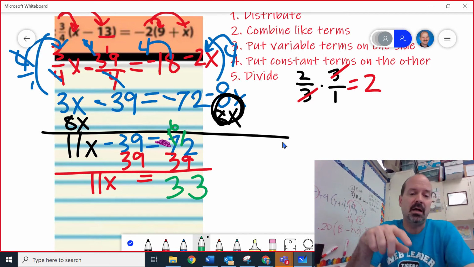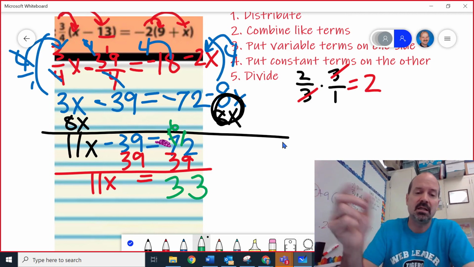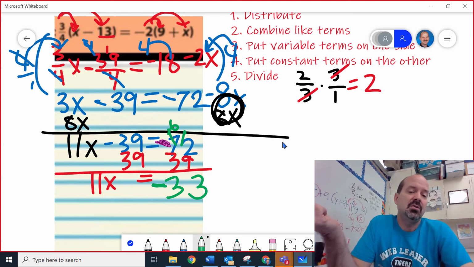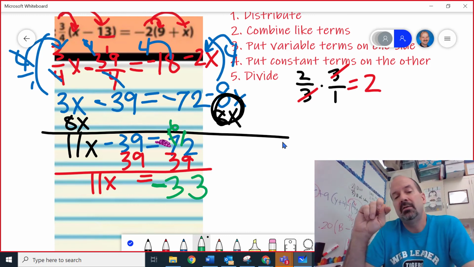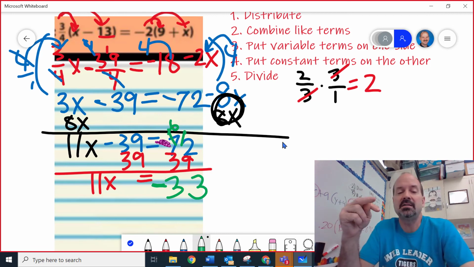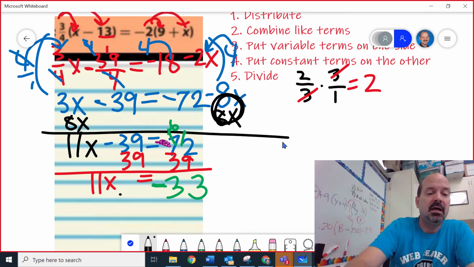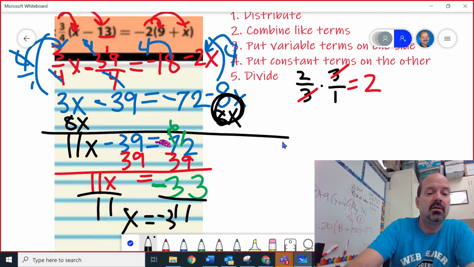And a negative and a positive, which one's bigger is the negative, so it's negative 33. So why would you subtract? Because I have a negative 72 and a positive 39. So whenever you have a negative number and a positive number, you end up subtracting. So then I divide by 11, and I get x equals negative 3.